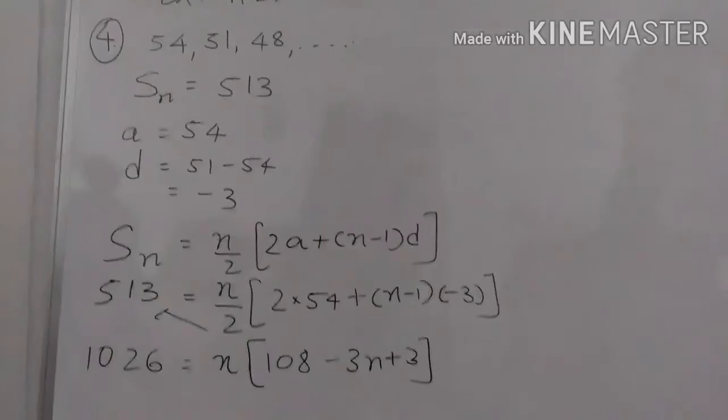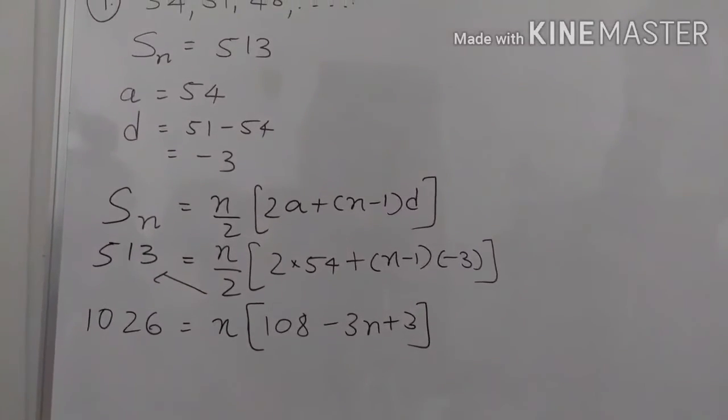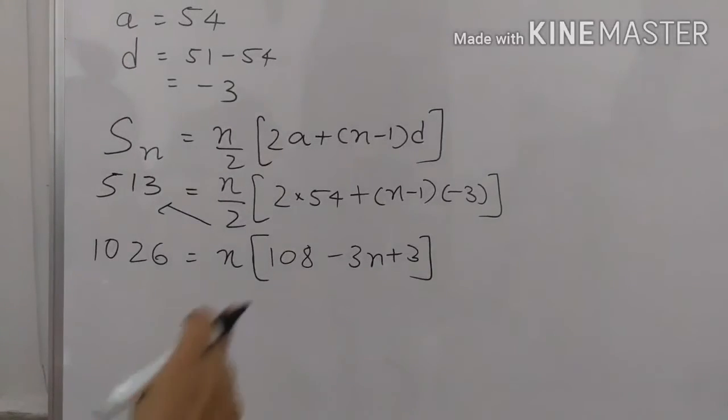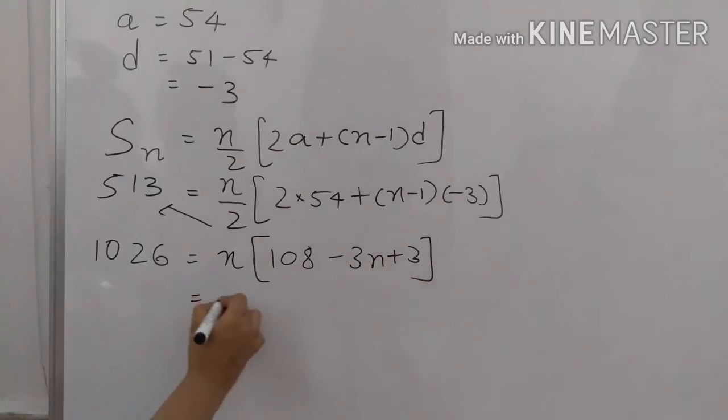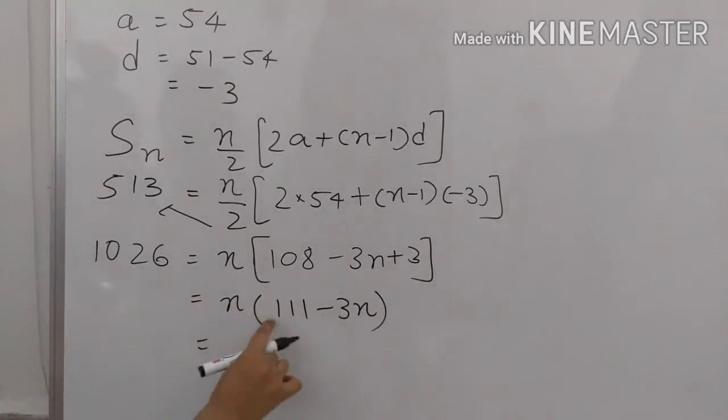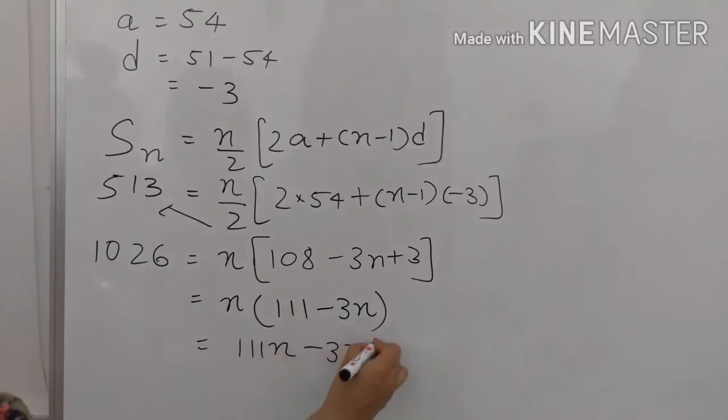Now next we have to add this 108 plus 3 in the bracket. So we get 111 minus 3n, and multiplying this inside, 111n minus 3n square.